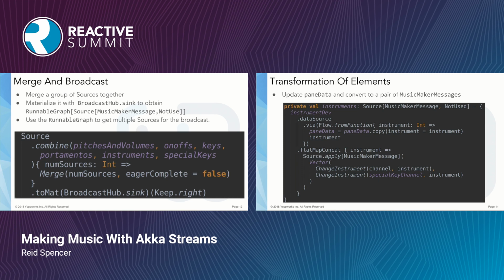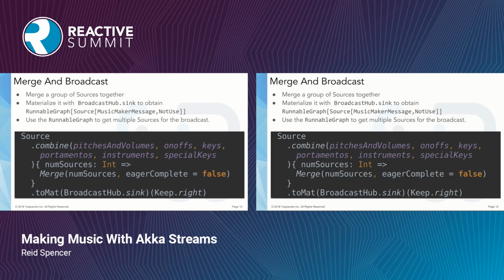Those are all sources. And the way I want you to combine those is with a merge. The function that's being called there has one argument, which is the number of sources, and it needs to return a value of a particular type, in this case merge, which also comes from Akka Streams.